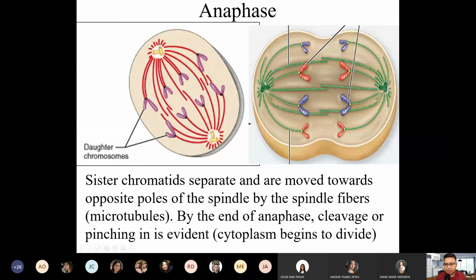Anaphase, the spindle fibers are now pulling our chromosomes, separating them from each other. However, please take note, along the equatorial plane, the cells have not yet totally separated. It is just starting, but they have not yet separated or closed.